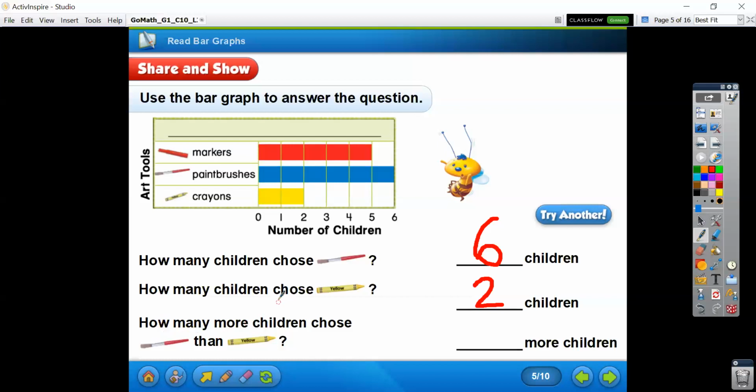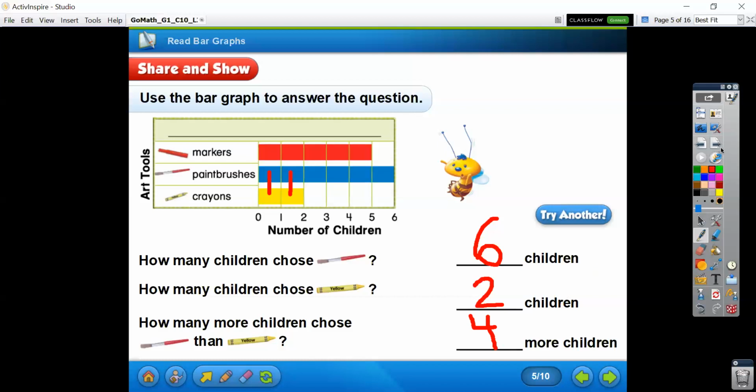So we match up as much as we can. This space is the same, and this space is the same, but notice there are no more crayons. So let's count how much is left over for the paintbrushes: 1, 2, 3, 4 more chose the paintbrush.